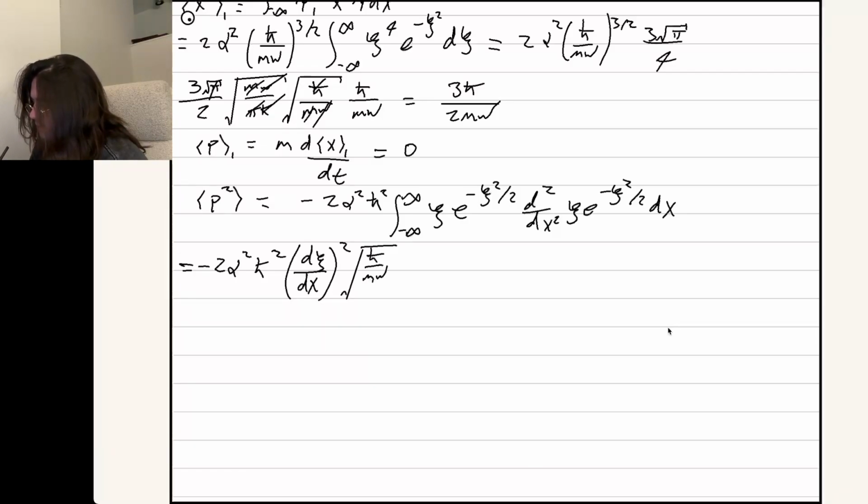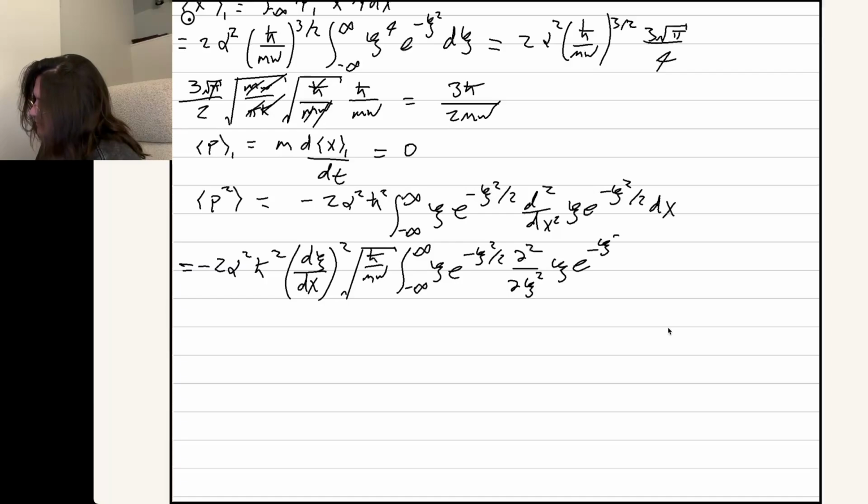If you don't like the letter ξ, I apologize. Because this is looking like ξ e to the minus ξ squared over 2, or now this is a partial derivative, partial squared partial ξ squared, ξ e to the minus ξ squared over 2 dξ.